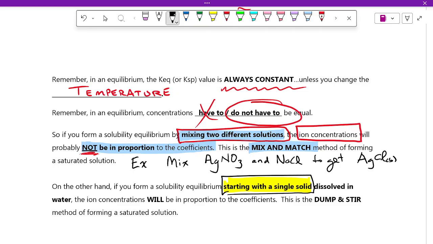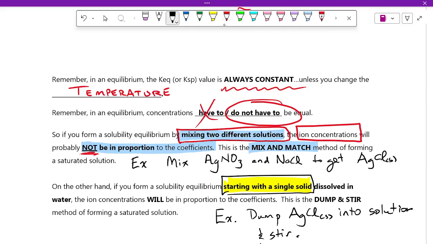On the other hand, if you start with a single solid, so for example, if you take some AgCl solid and you dump it into solution and stir, then the ion concentrations will be proportional to the coefficients.